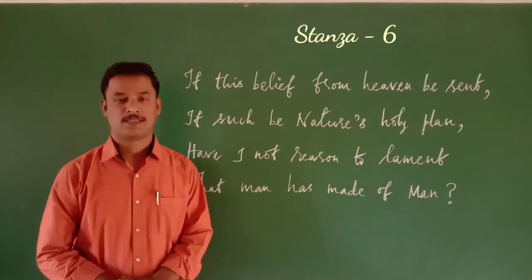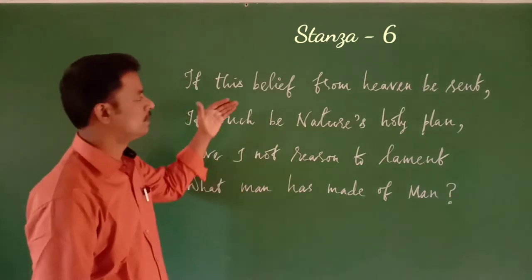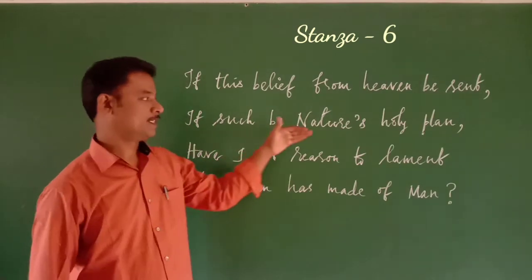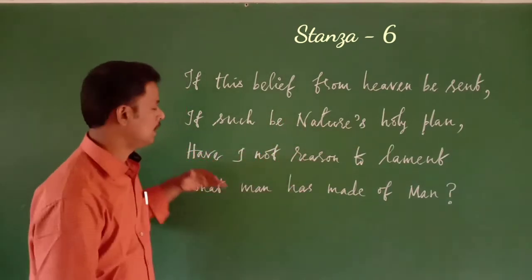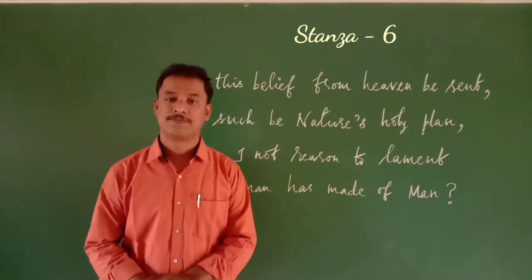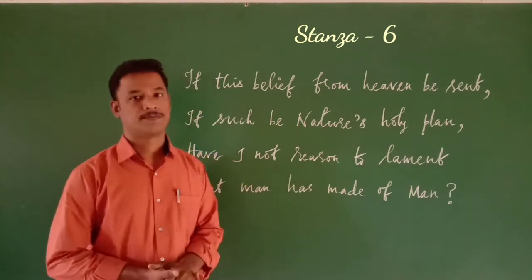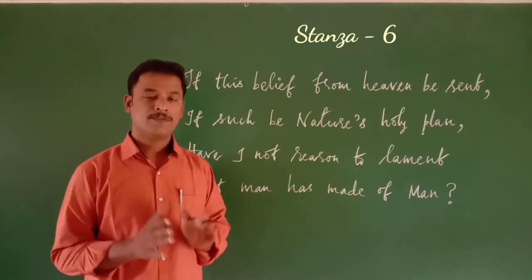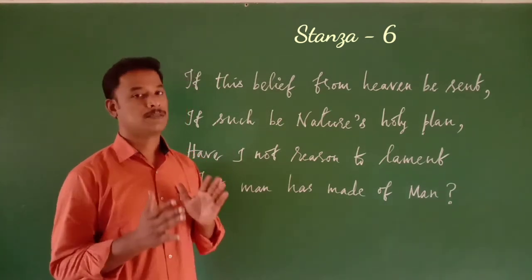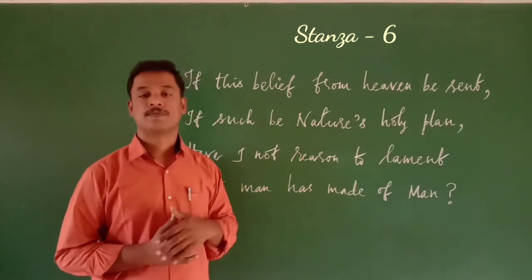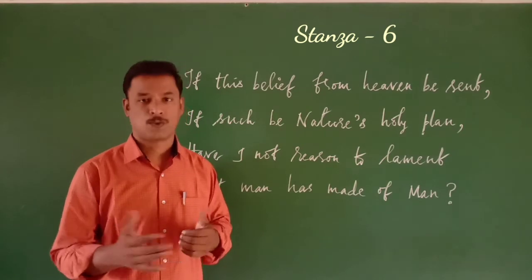We are in the last stanza now. If this belief from heaven be sent, if such be nature's holy plan, have I not reason to lament what man has made of man? Here, the poet says that if it is a belief sent by heaven, that it is the holy plan of nature, then he has to feel sorry.